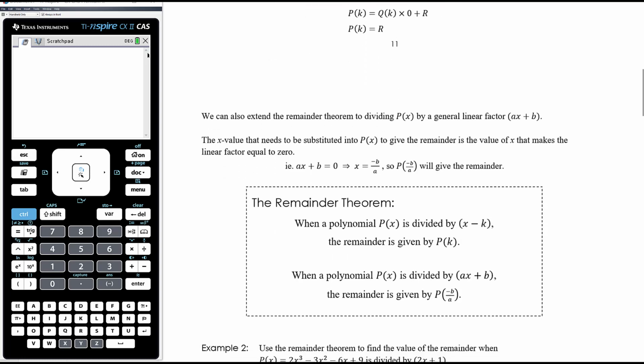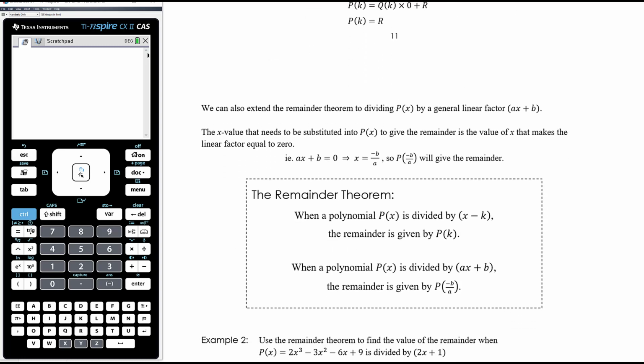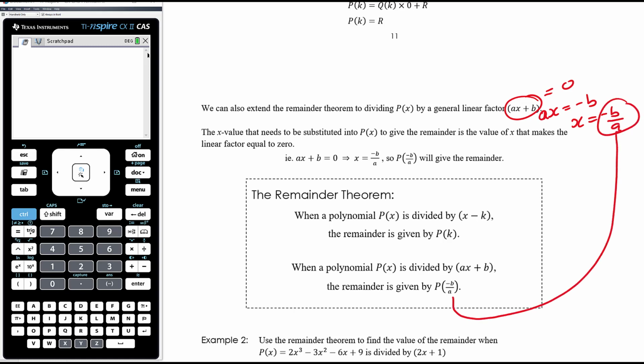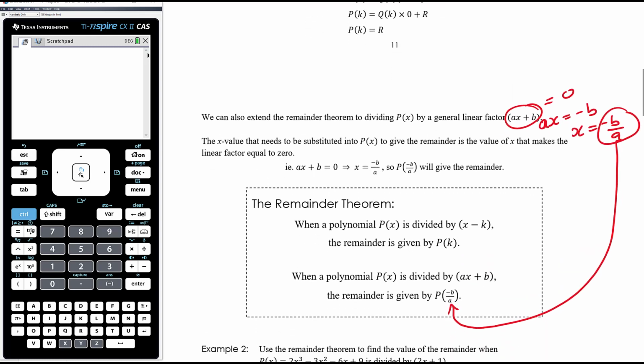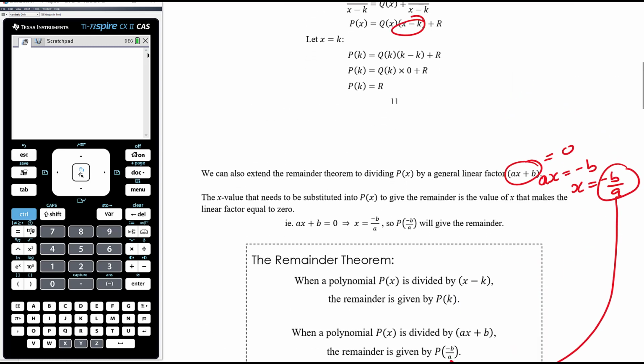Alright, we can also extend the remainder theorem to dividing P of x by a general linear factor. It's the same logic: you're subbing in the value that would make ax plus b equal to 0. If we need ax plus b to equal 0, that means ax has to equal negative b, and so x has to equal negative b on a. If that's the value we sub into our polynomial, that will make this bracket part 0, and hence it will leave us just with the remainder.